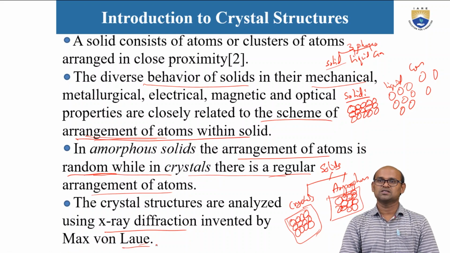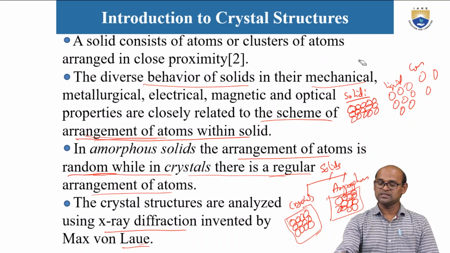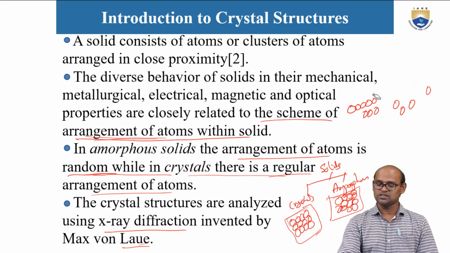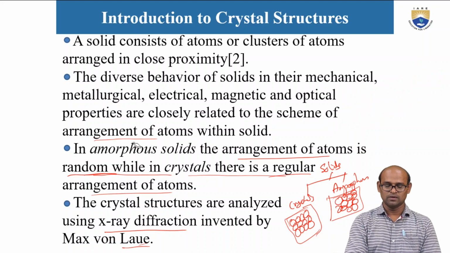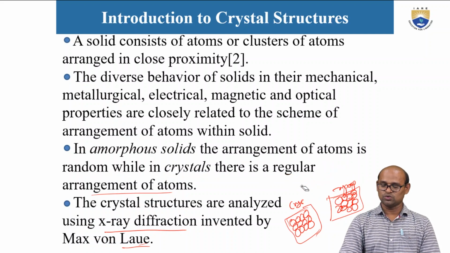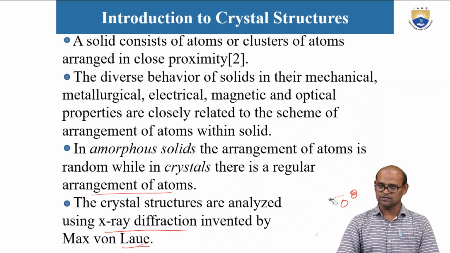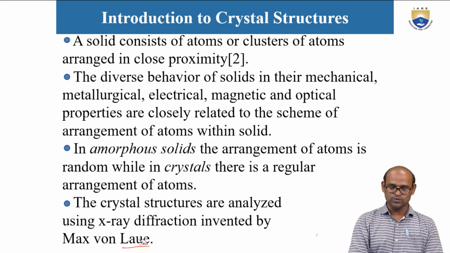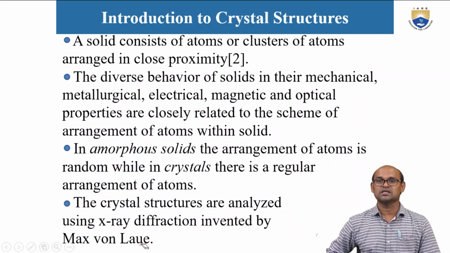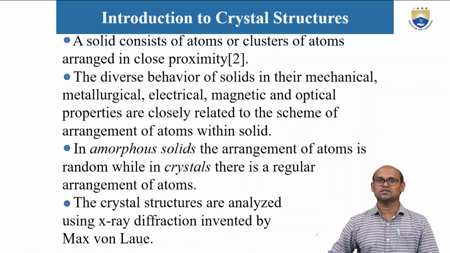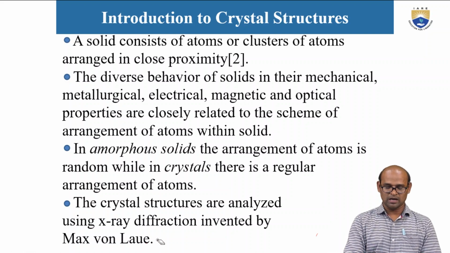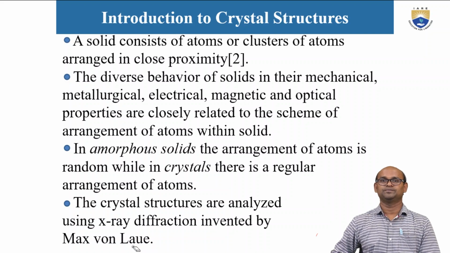He is the first scientist who introduced X-ray diffraction, which is now widely used to understand crystal structures in many areas of material science and physics, chemistry, and biology. In all branches of science, X-ray diffraction is now used widely to understand different properties, crystal structure first to start with, and the arrangement of atoms.